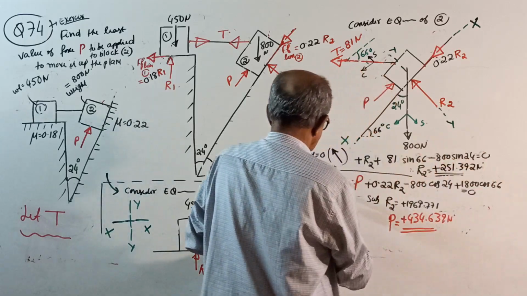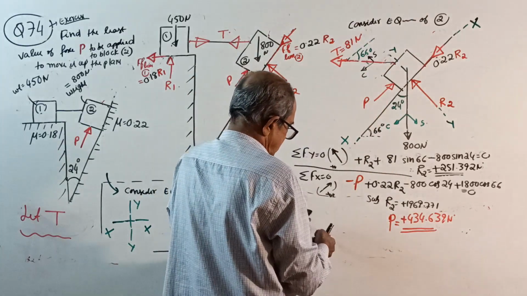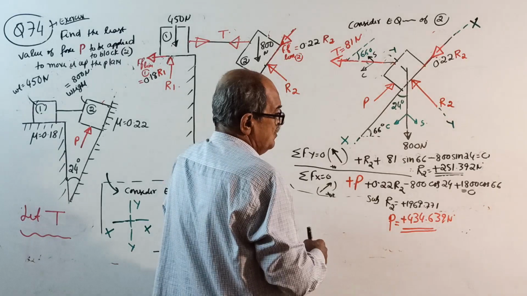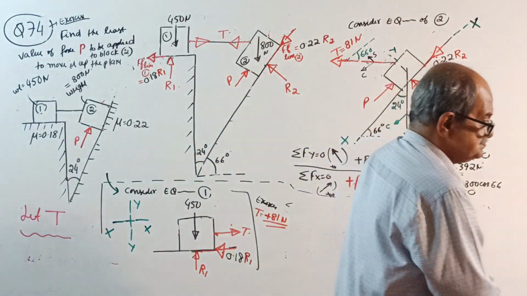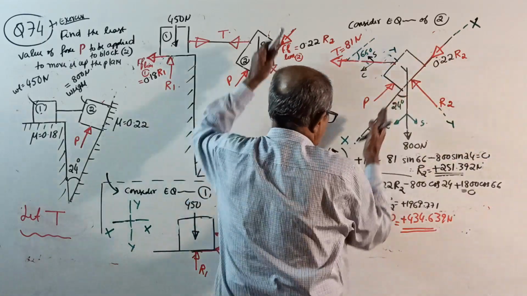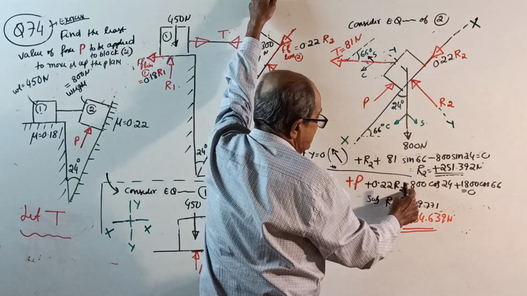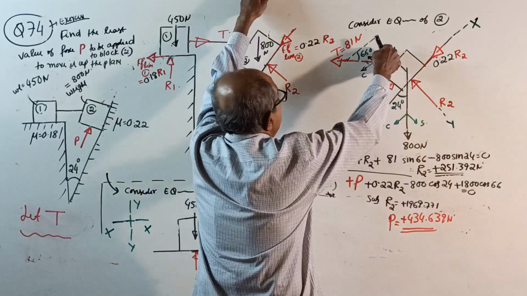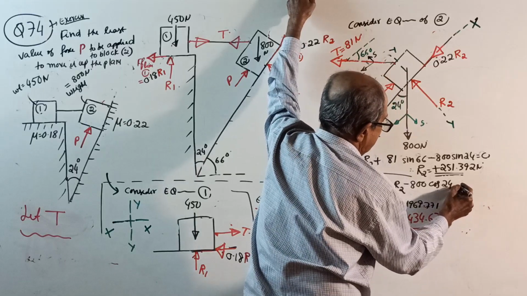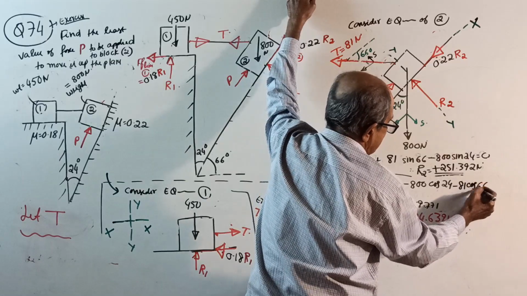Newton. Then sigma Fx equals 0, take right side positive. Not minus P now, it is plus P now. Why? We are taking right side positive. Last time it was minus P, now the purpose is to push it up. Plus P, then minus 800 cos 24, and then here, minus 81 cos 66 equal to 0.